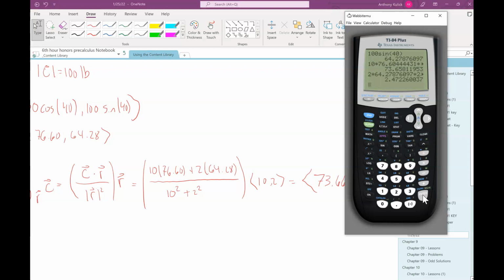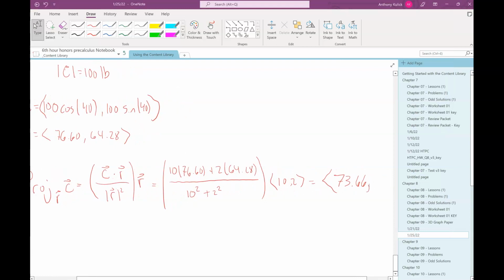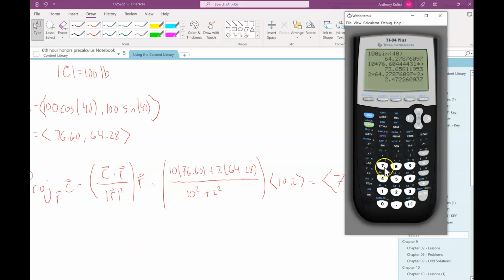What happened here? Something happened here.